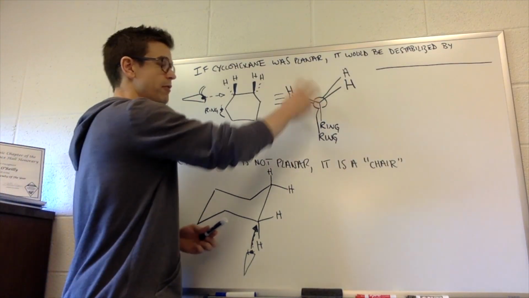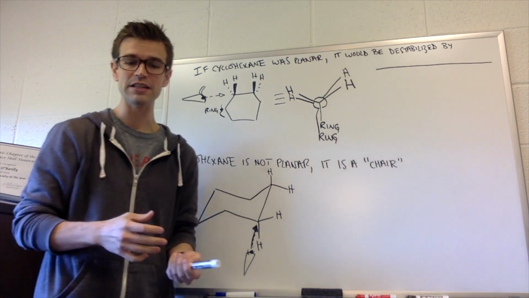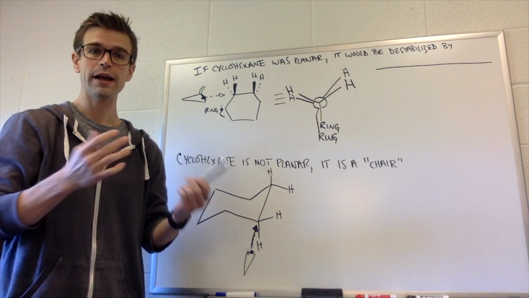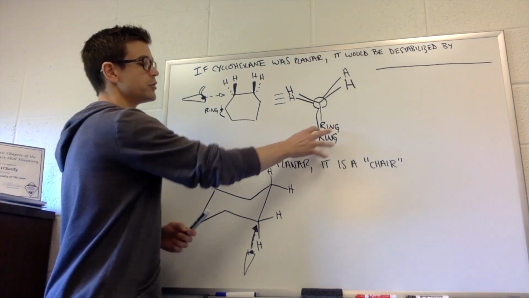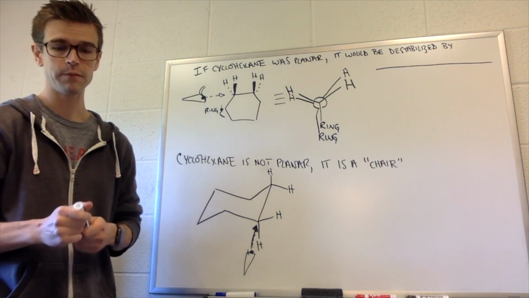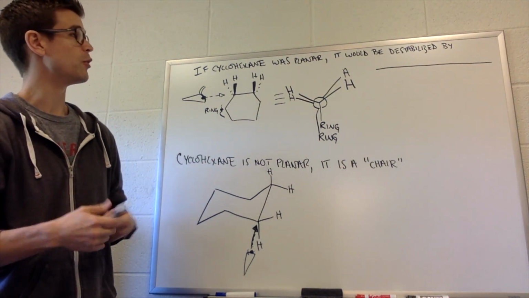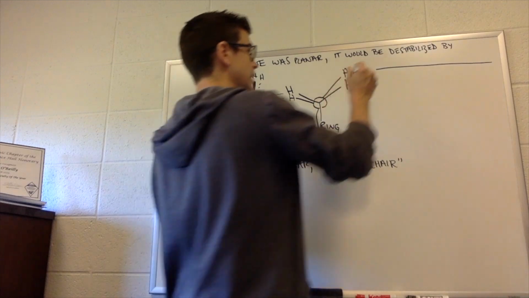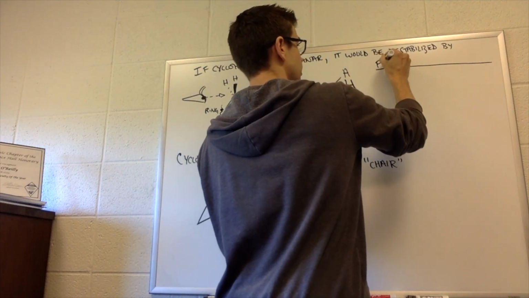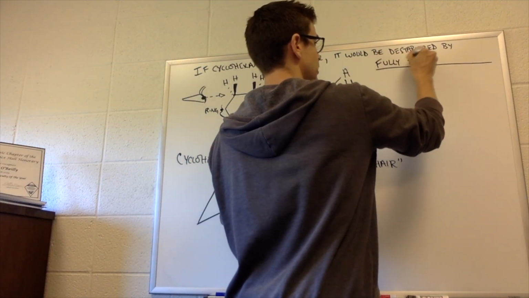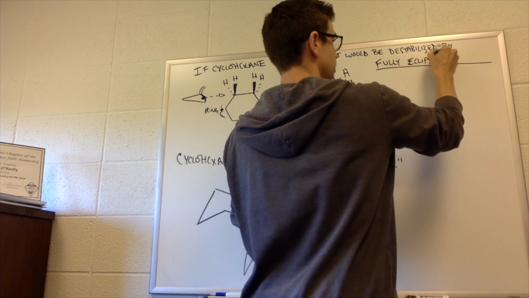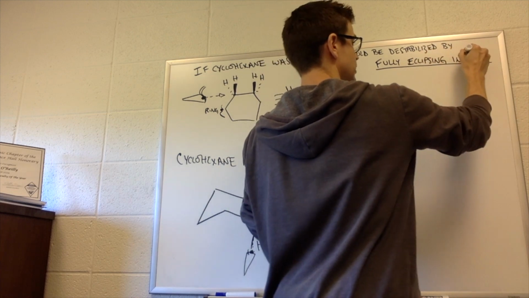We have a fully eclipsed structure that would lead to torsional strain and steric strain of those groups being too close to each other. So we can say that it would be destabilized by fully eclipsing interactions.